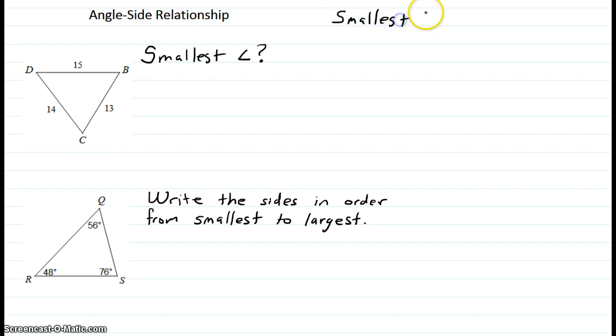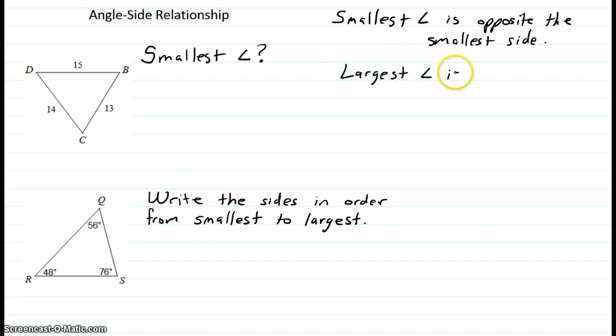The smallest angle is opposite the smallest side, and the largest angle is opposite the largest side.